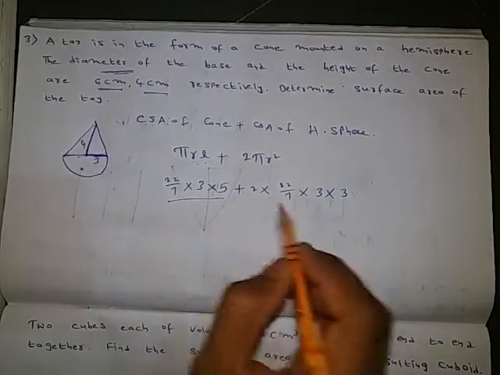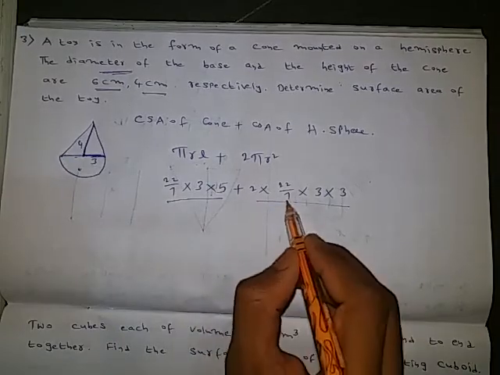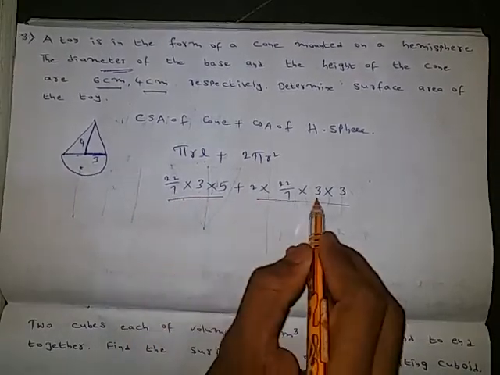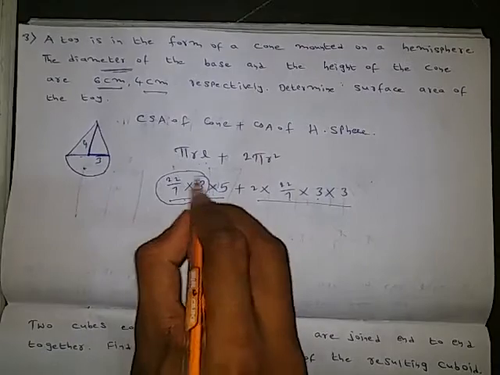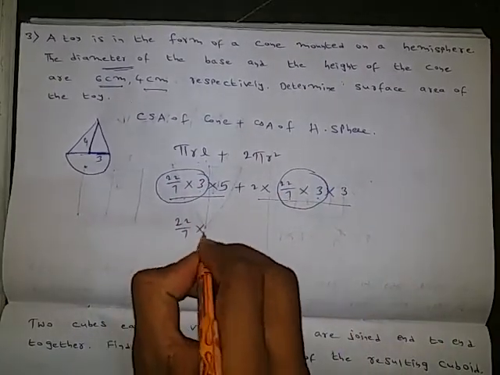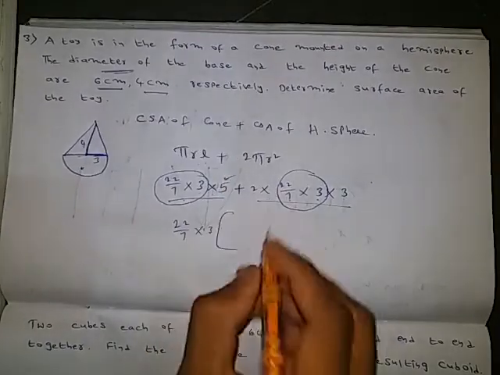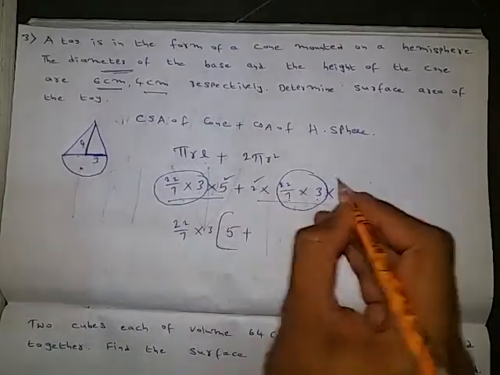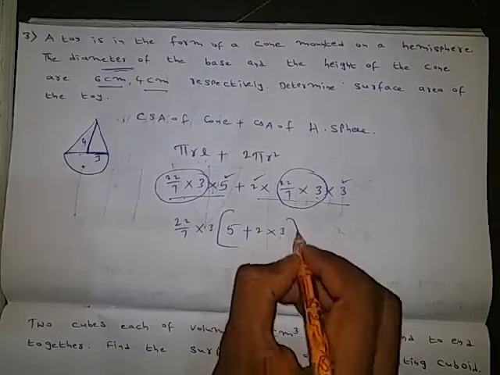In the first term as well as the second term, 22/7 as well as 3 is common. So I am taking 22/7 into 3 common. Here 5 will remain, plus here 2 into 3 will remain.